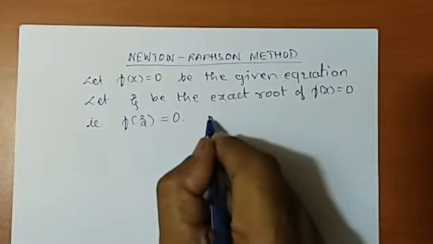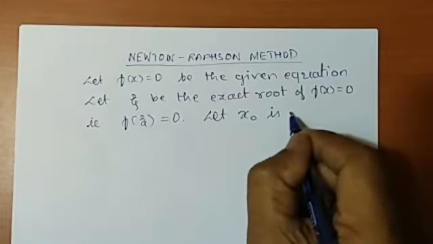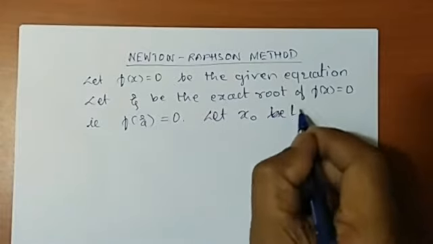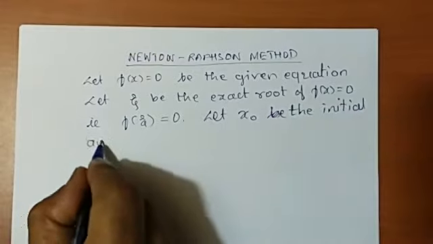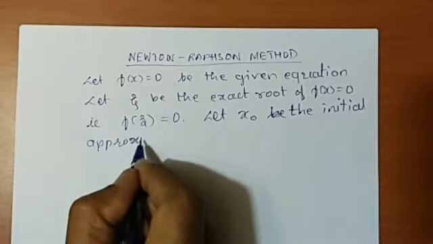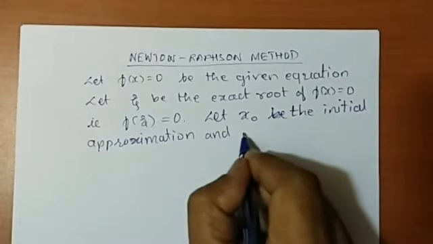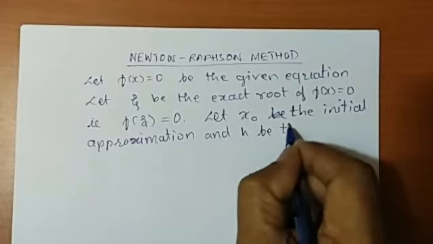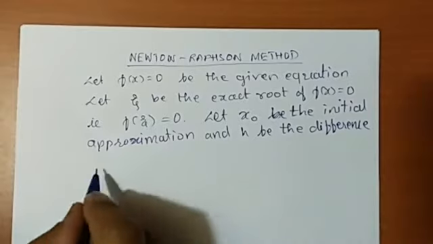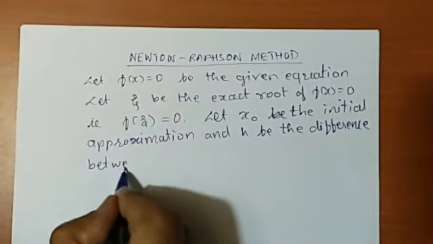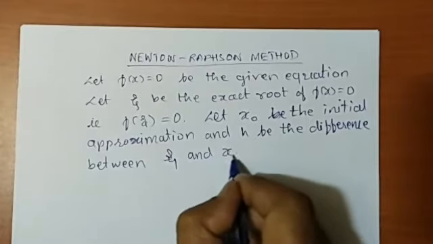Now, let x naught be the initial approximation, and h be the difference between xi and x naught.